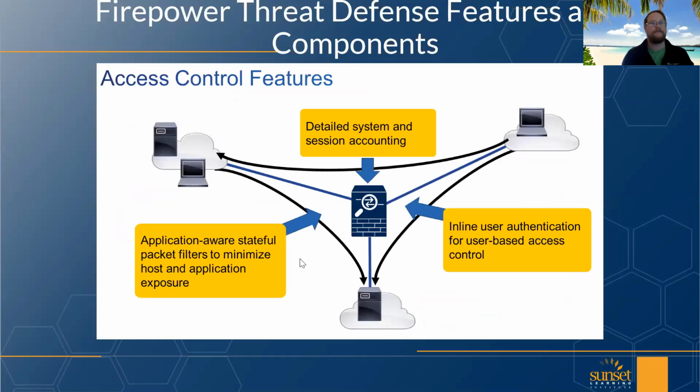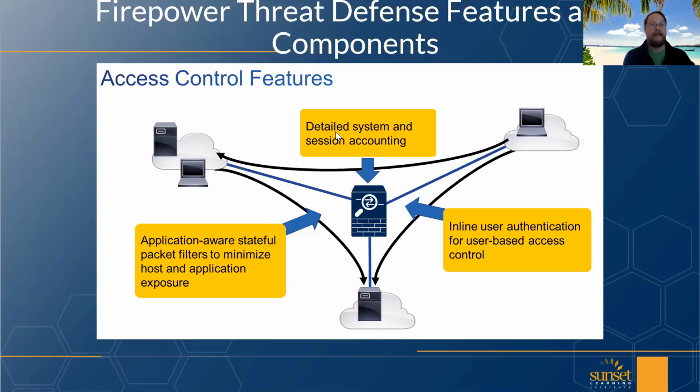Let's do it. Now, with that being said, access control features. How can we control access here with the FMC? So we have, first of all, application aware stateful packet filtering. Okay, that's awesome. We also have inline user-based authentication for ICE. That's adding another layer on top of it.